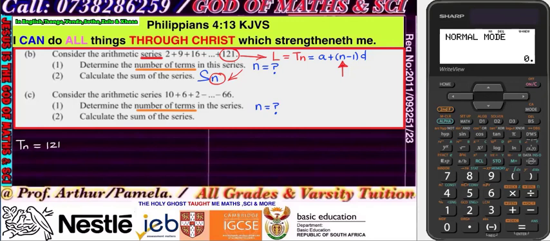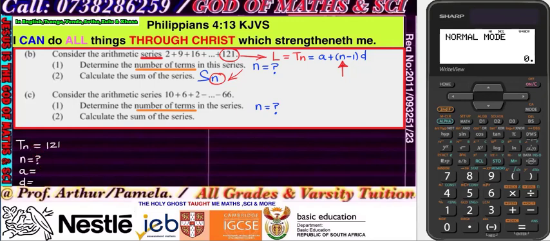That is our last term, and we have to find n. The next thing I need to know is what the A is and what the D is. S subscript n, I do not know. So let's use this formula to find n.